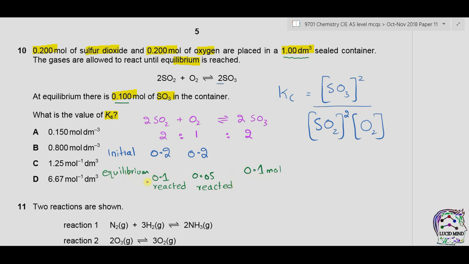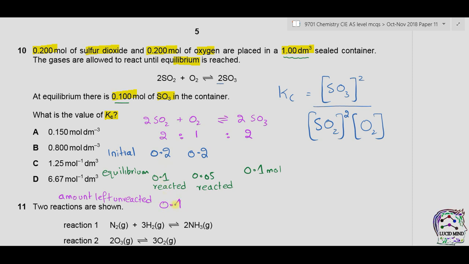Now after equilibrium, the amount left can be calculated. We have 0.2 initial and 0.1 has reacted. Now we can find out the moles that are left behind in the equilibrium. Initially we had 0.2 moles of SO2, 0.1 mole is reacted, so we can subtract these two.